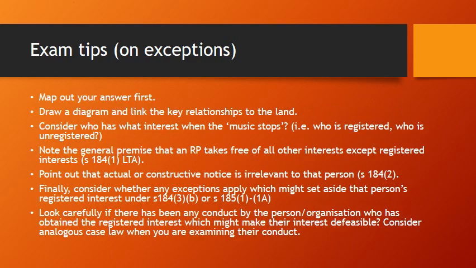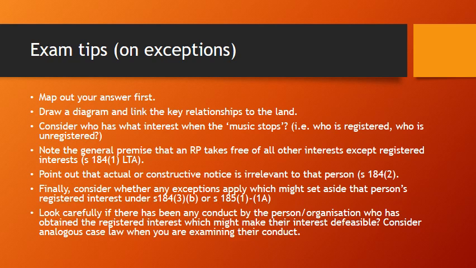So really, with the exam, if you see this as a possible question of an exception, and it could come up even within the concept of a broader question on leases, or on easements, or on co-ownership, or anything to do with registration of land, what you really need to do is stop and think about who the parties are.